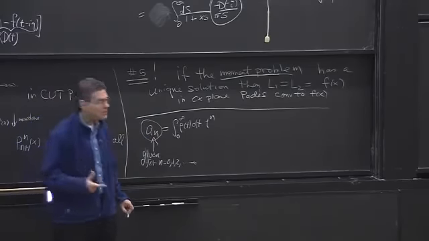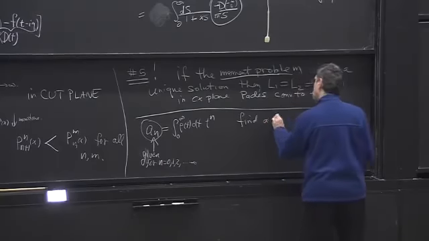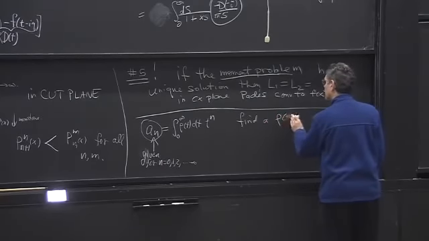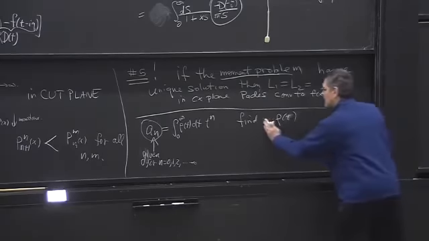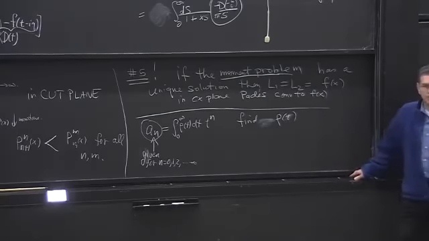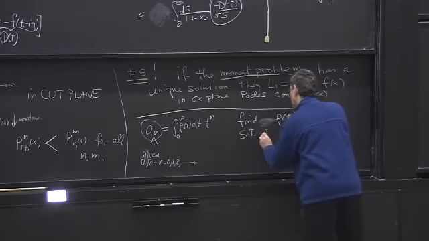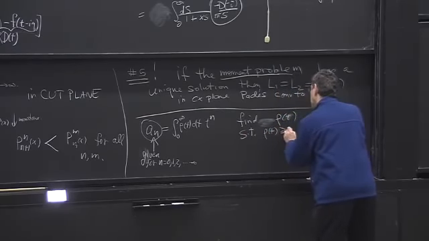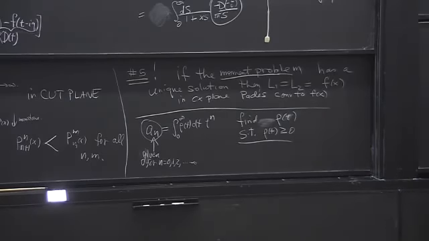And the problem is to find a rho of t, find that function, such that rho of t is positive. Okay? That's the moment problem.